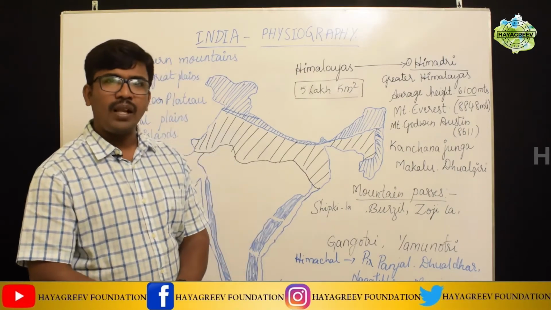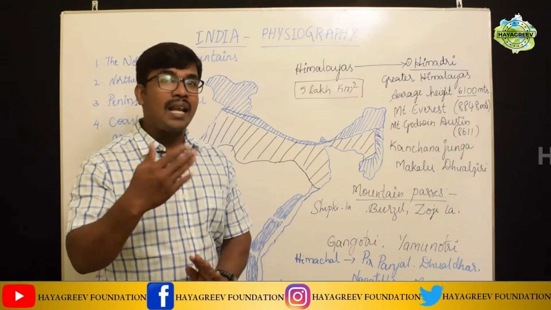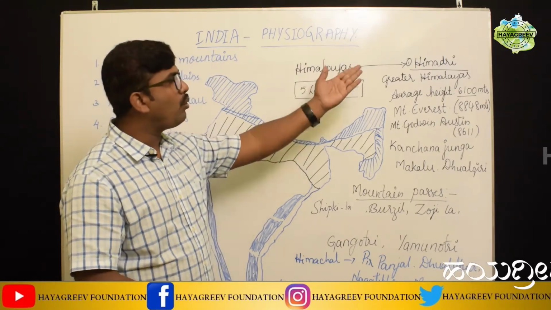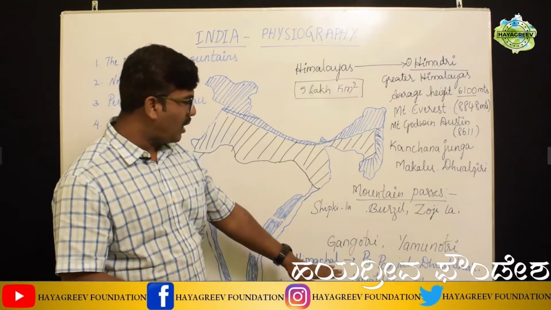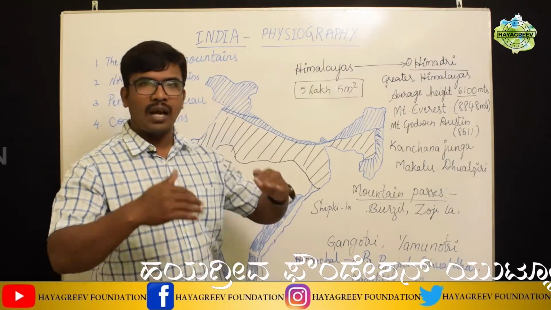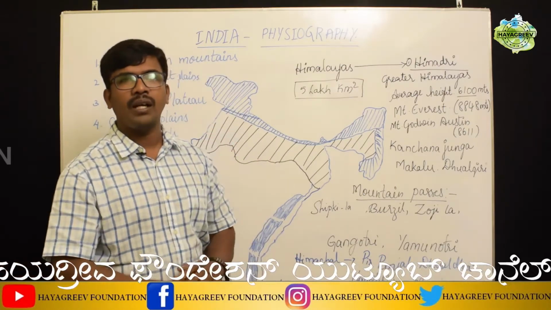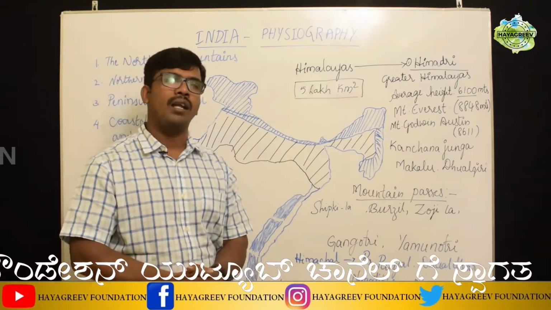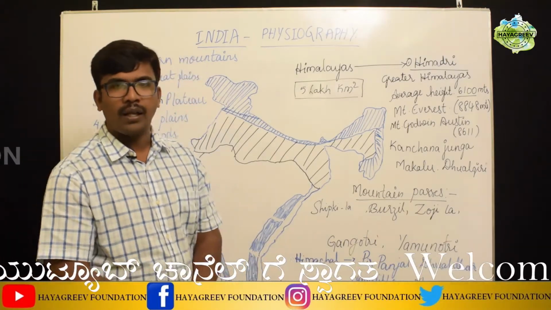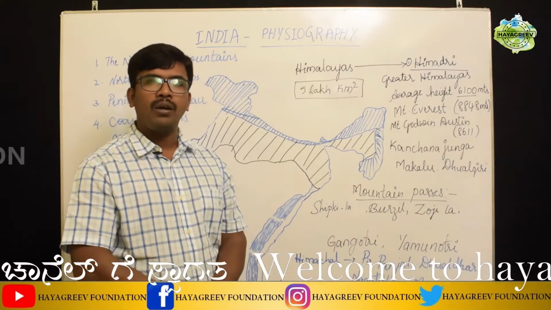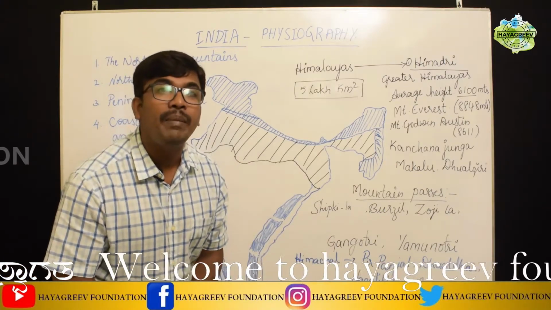Himachal is also called the Lesser Himalayas. Compared to Himadri, the Greater Himalayas, the altitude of Himachal is very low, that's why it is called the Lesser Himalayas. The average height of Himachal is between 1500 and 4500 meters.